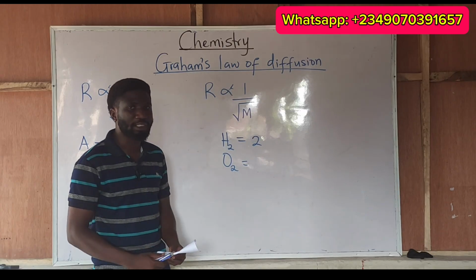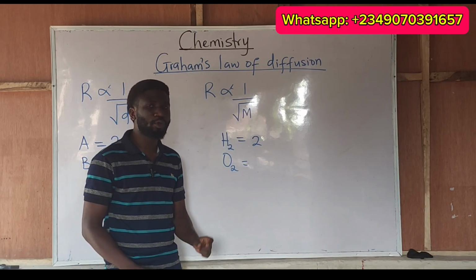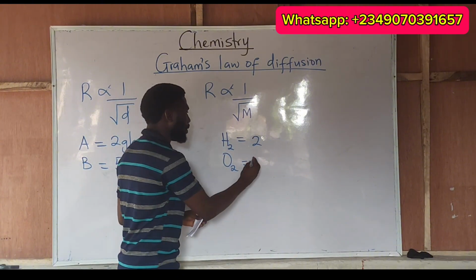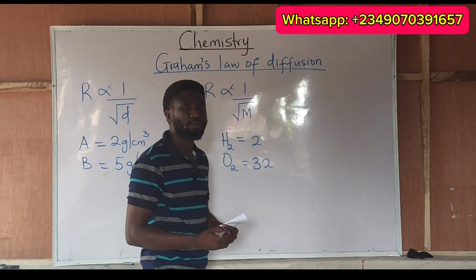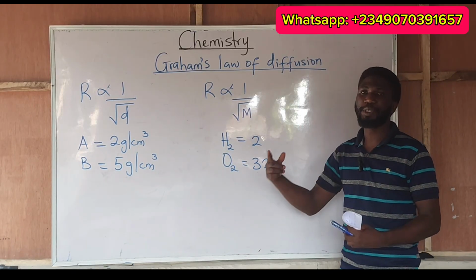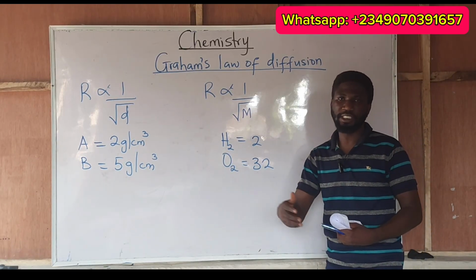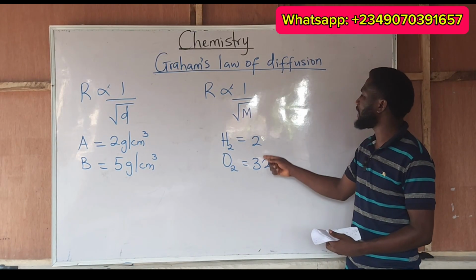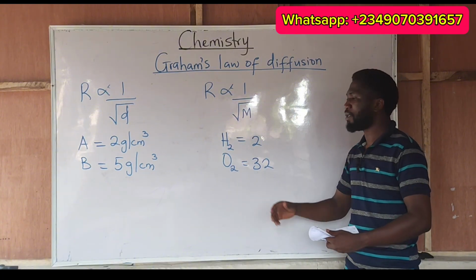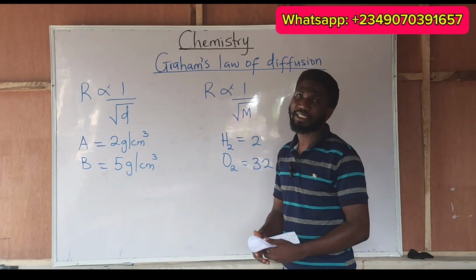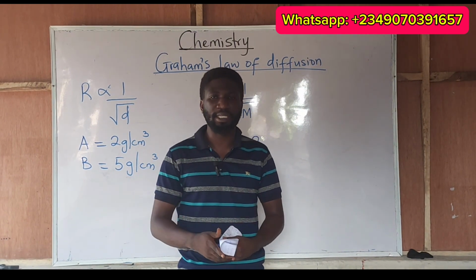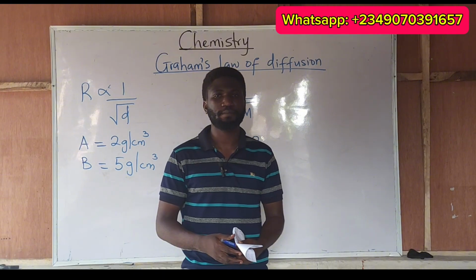And that of oxygen, the atomic mass is 16, so getting the molar mass, 16 multiplied by 2 gives us 32. So that means hydrogen will diffuse faster than oxygen. Why? Hydrogen has a molar mass of 2, which is lower than that of oxygen. As a matter of fact, hydrogen diffuses 4 times faster than oxygen.